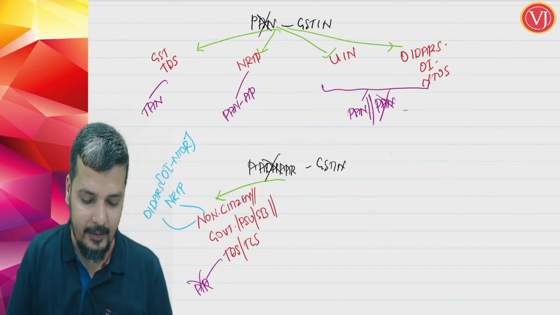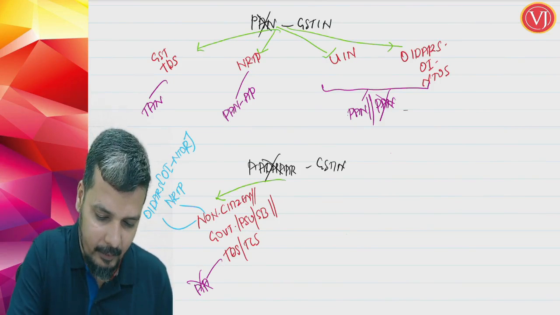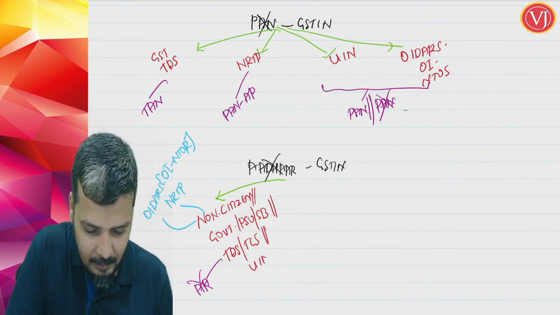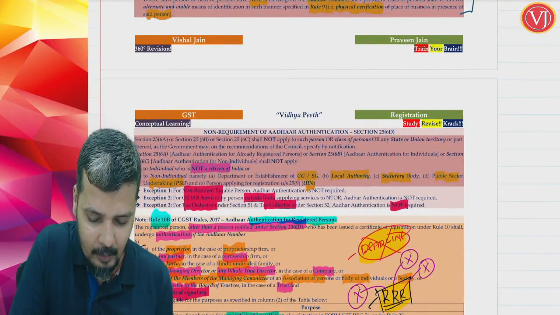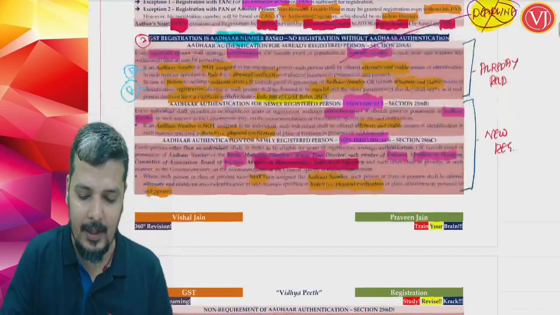Now, the list also contains one more part: person holding UIN, unique identification number. They also don't require Aadhaar authentication.